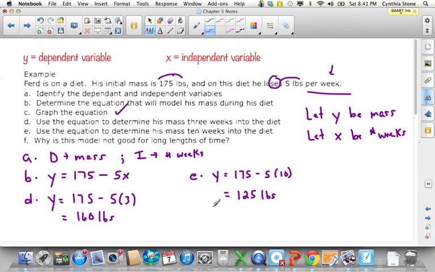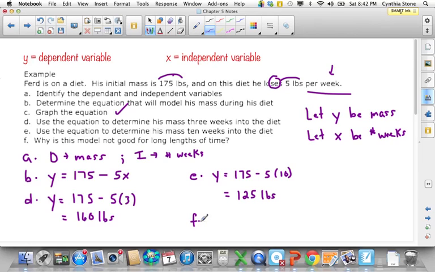Okay, so then F answers that question. Why is this model not good for long lengths of time? Well, the reason is, in this particular case, what if it was 100 weeks, right? I mean, you can only get so thin.